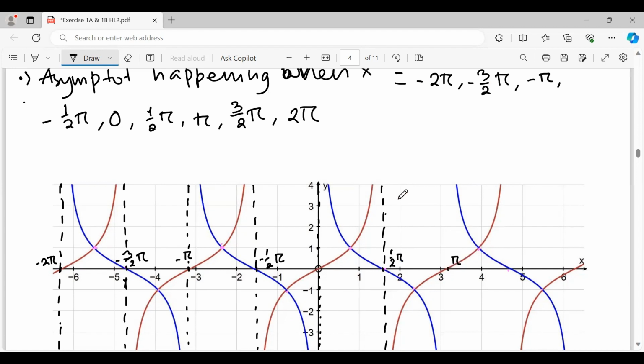Pi here. Then 3 half pi. If this is positive 2 pi, this is 3 half pi.